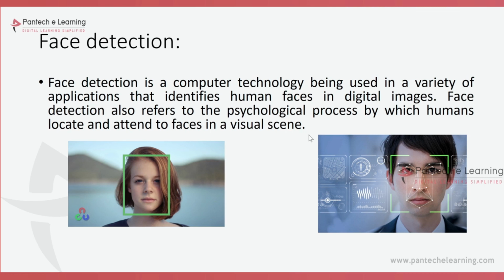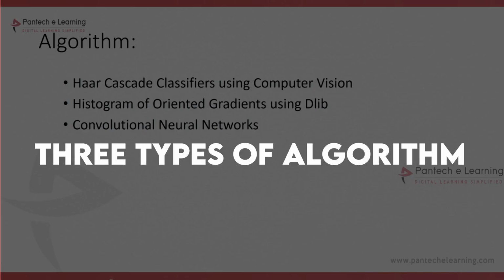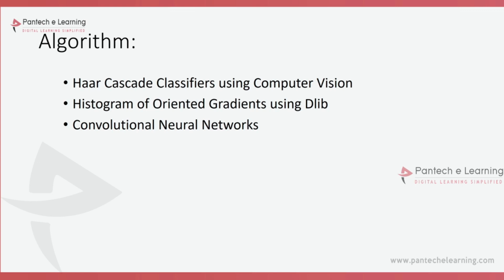Now, before going into how HAAR is applied, we have to know the algorithms with which face detection and recognition can be done. For detection and recognition, we can go with the HAAR cascade classifier, then the LBP classifier, histogram of oriented gradients, and convolutional neural networks in deep learning, and one more algorithm we can add is the GAN, generative adversarial networks.